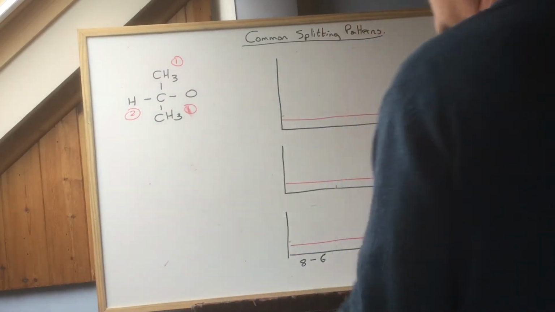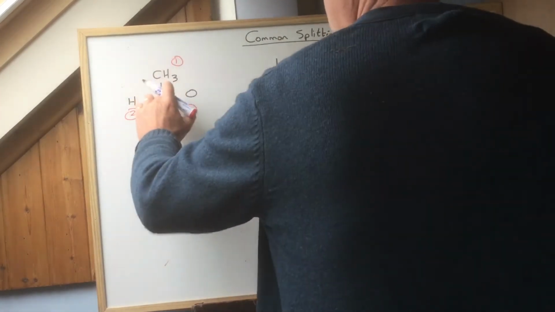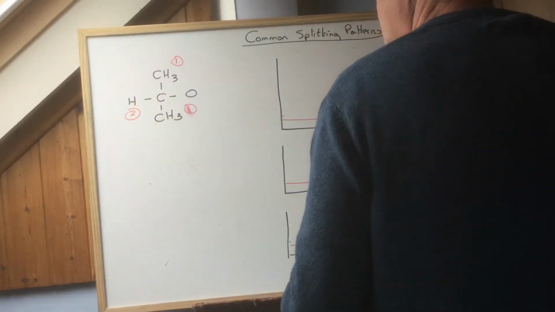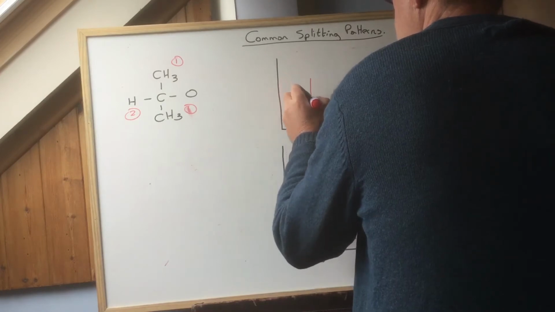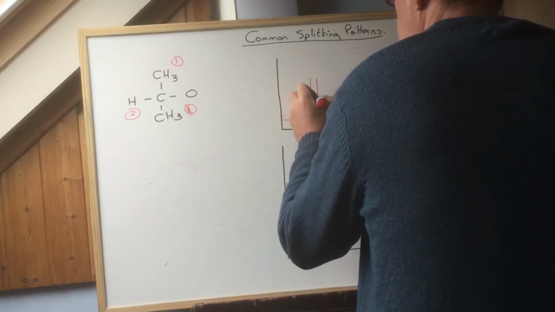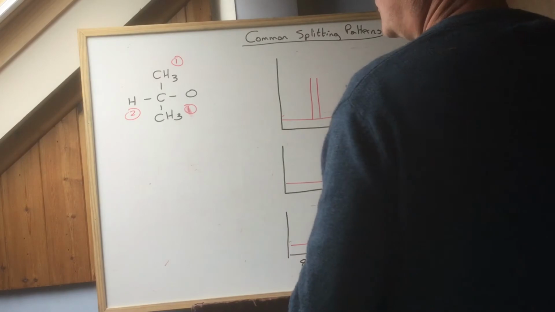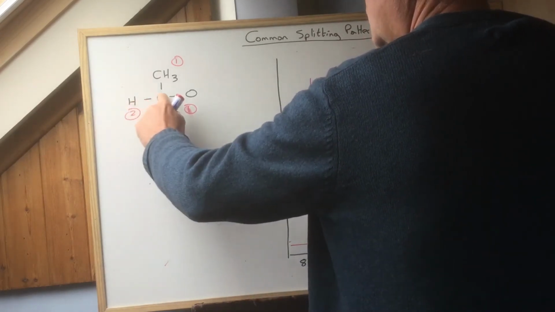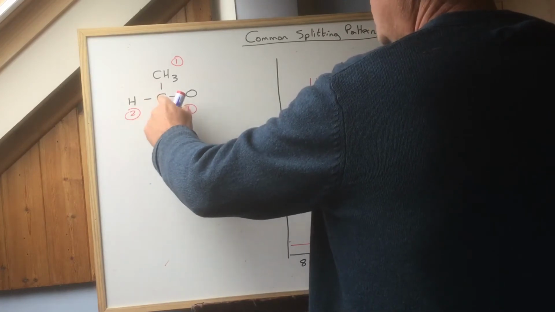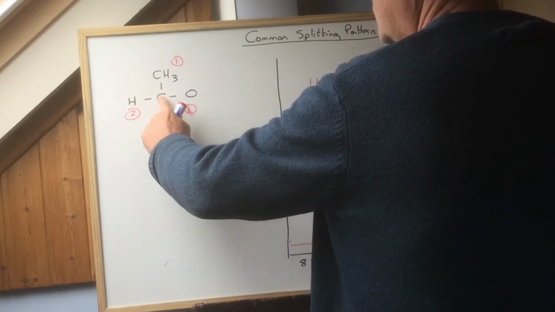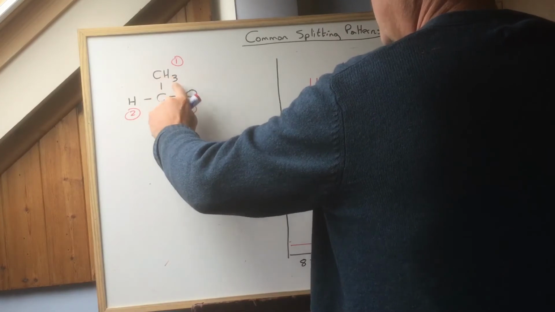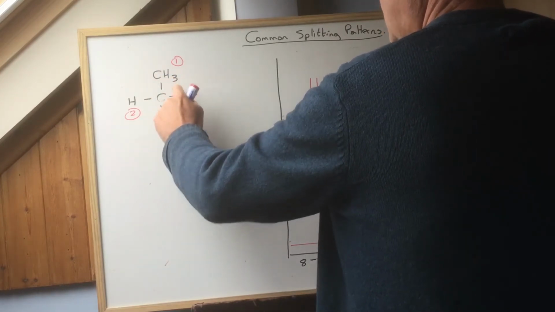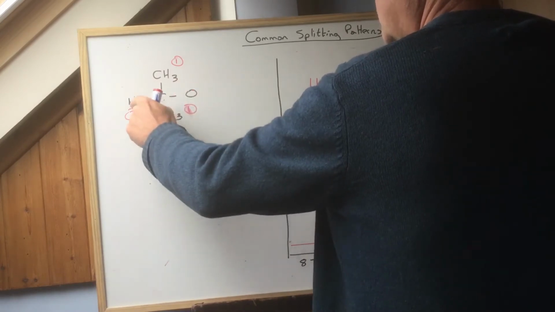It shouldn't be a genius to work out, therefore, that they're going to be split. N is 1, N plus 1 is 2. So you're going to get, and like I say, the order of these might be wrong, otherwise I'll be here all day, you're going to get a doublet. This one here, HC, is it joined to a carbon with protons on? Yeah, 3. And down here, carbon with protons on, 3. So N is 6 for this proton here.